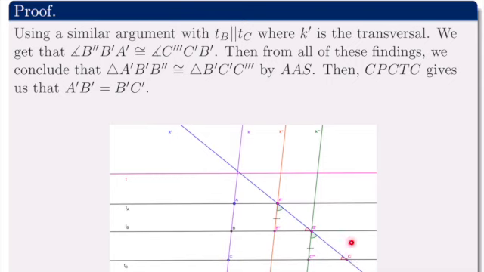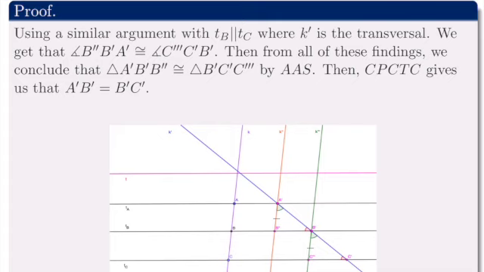Over here we also have the red angle, the green angle, and then the segment B prime C triple prime, right? So then again, using CPCTC, that gives us that the distance between A prime and B prime is equal to the distance between B prime and C prime.